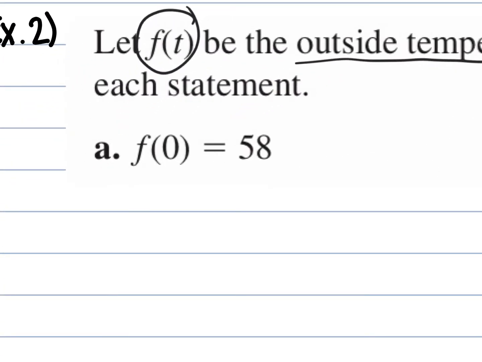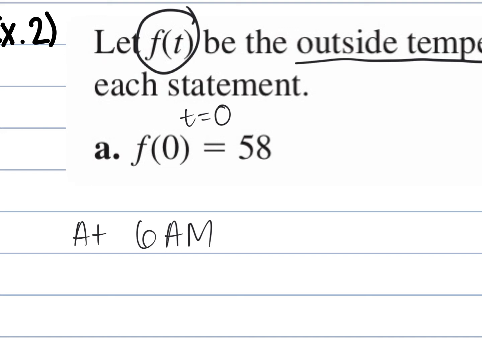So the first statement is f of 0 equals 58. They replaced t with what number? 0. So t is technically equal to 0. Do you guys see that? So if we're 0 hours after 6 a.m., what time is it? It's 6 a.m. So at 6 a.m., our function f is equal to 58.